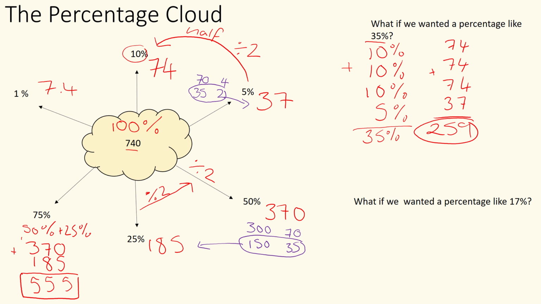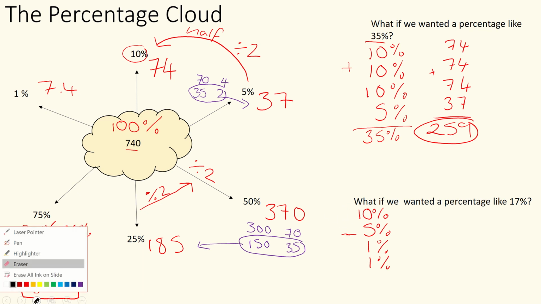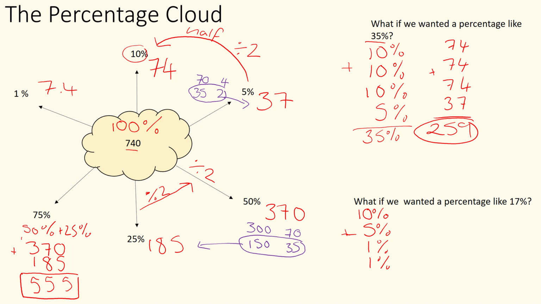A level 2 one would be, what if we wanted a percentage like 17%? So making you use that 1%. So 17%, the easiest way to make it up is doing a 10%, a 5%, another 1%, and another 1%. Oh, my plus sign went a little bit funny then, didn't it? Let's get rid of that part there. There we go. Add them all together, we're going to get 17%. So let's put the actual values in.